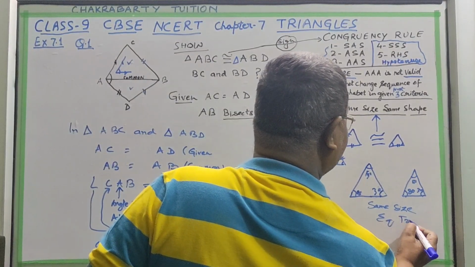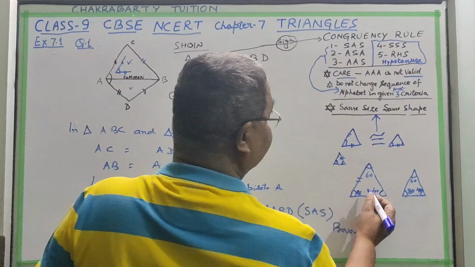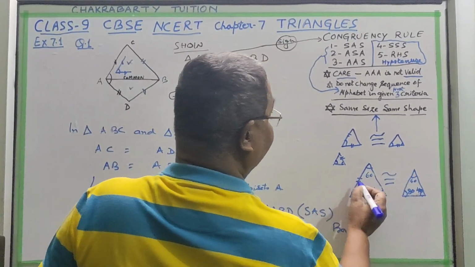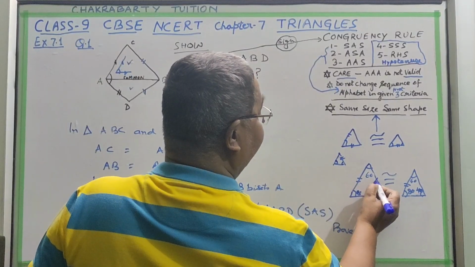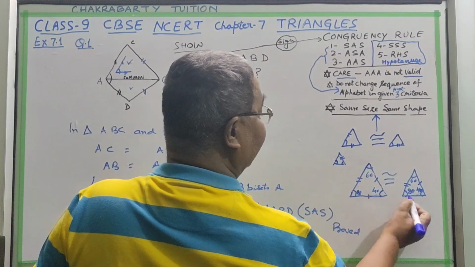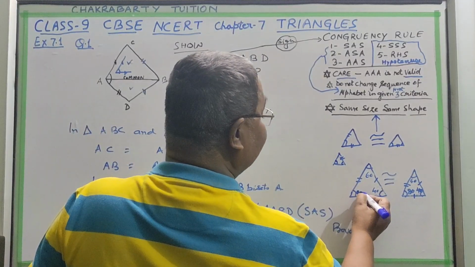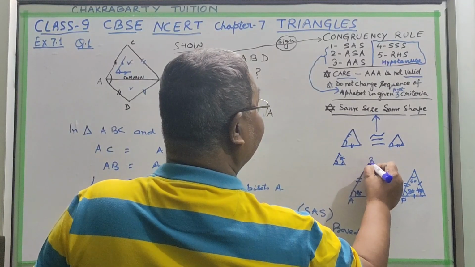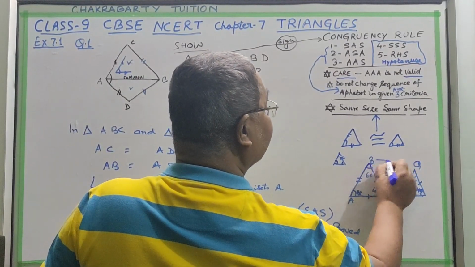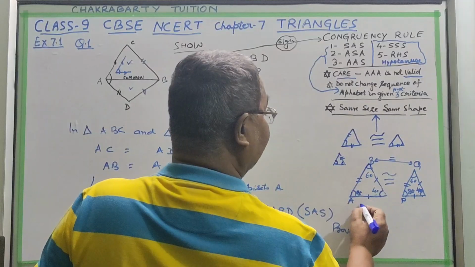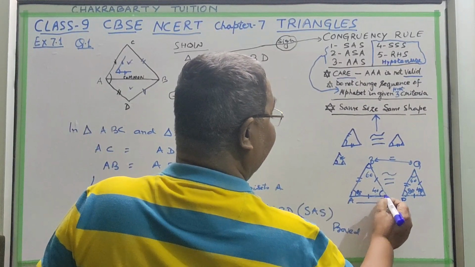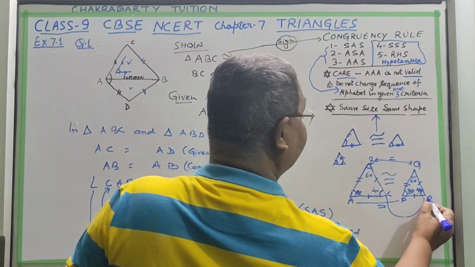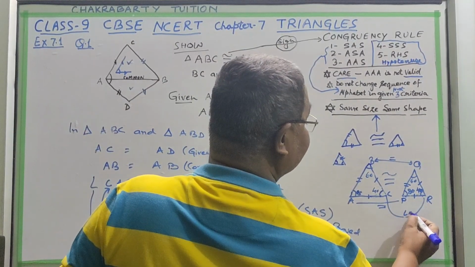It should also be an equilateral triangle of the same size. So when it is proved congruent, then this line will be equal to this line, this line equal to this line, and angle A will be equal to angle P, angle B will be Q. Likewise, suppose it is C and PQR, so here also the angle will be the same.